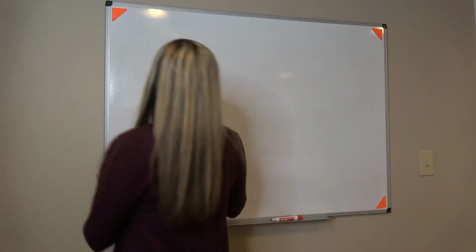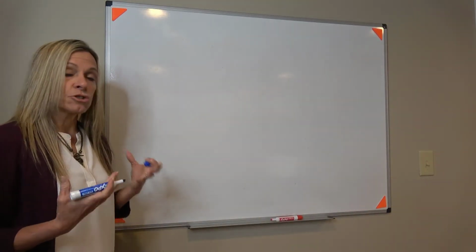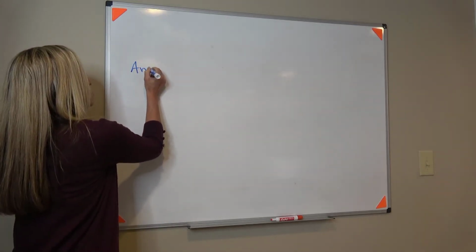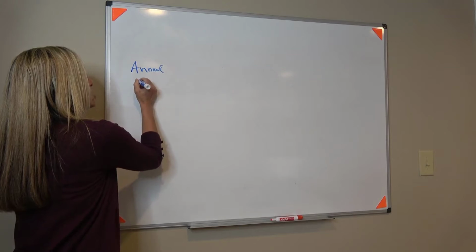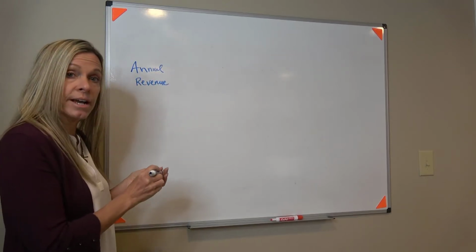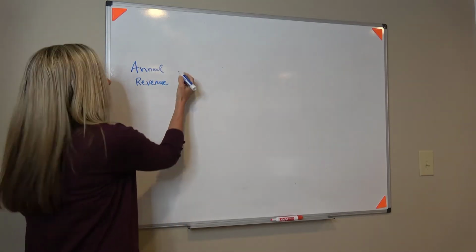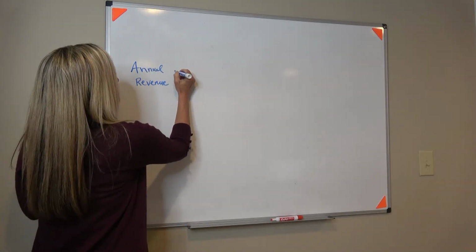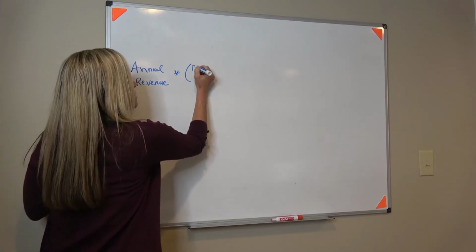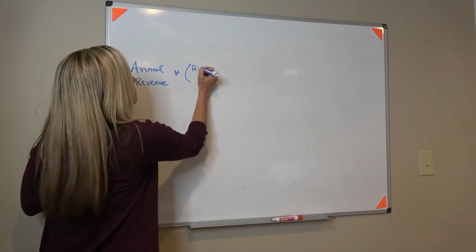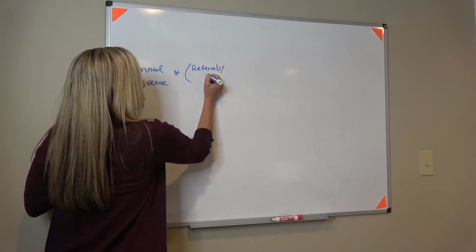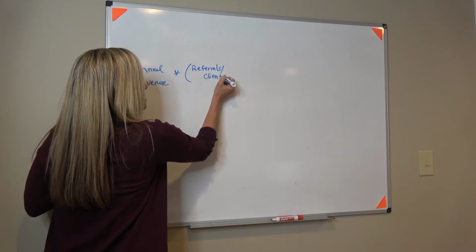So the first part of this formula, like I said before, is to calculate your total client value. We're going to start by understanding what your annual revenue is for each client that you have, on average, because it's going to vary, of course. Then we're going to multiply that by, and I'm going to put these in parentheses because it's a little bit of a formula in and of itself, the referrals that you generate on average per each of your clients.